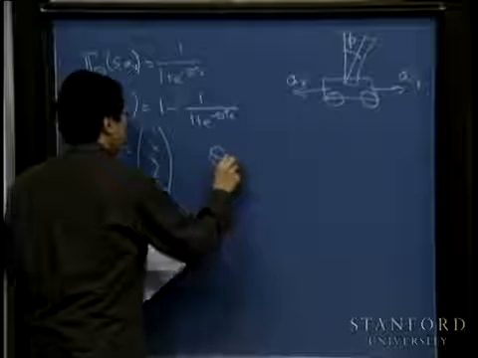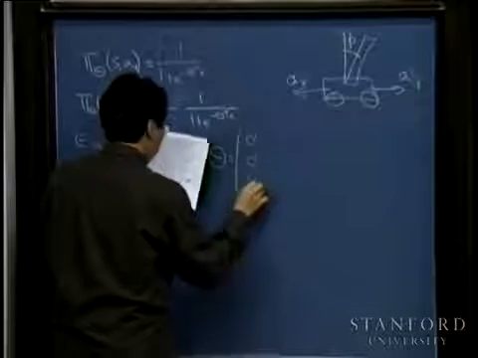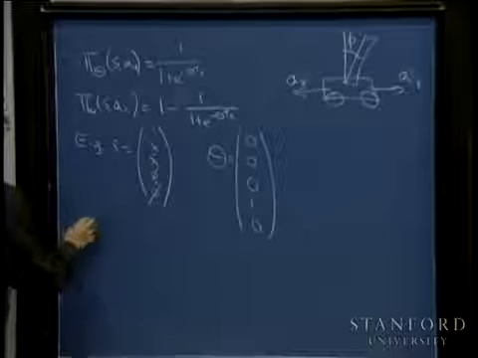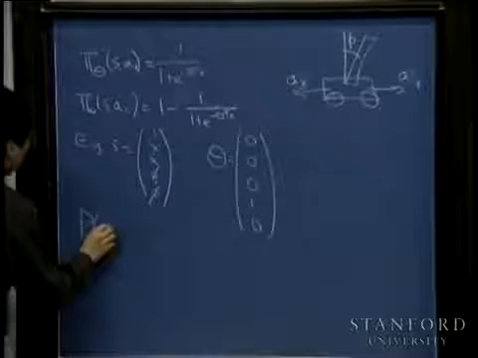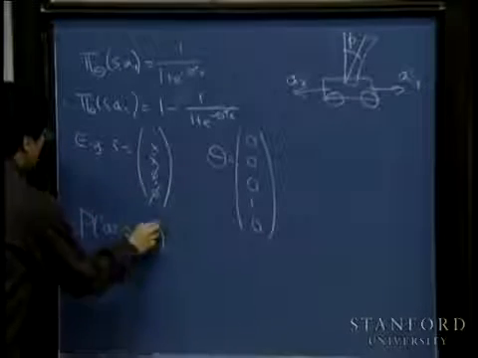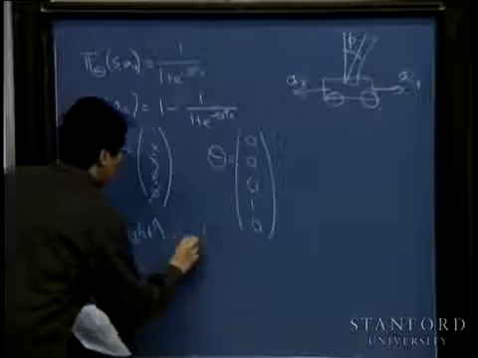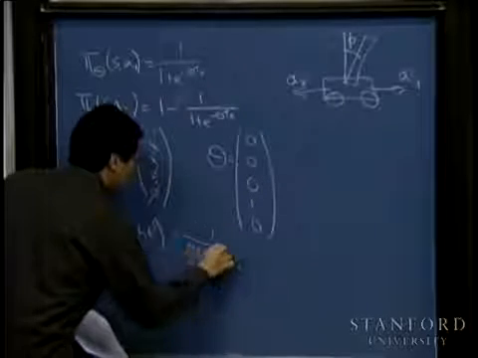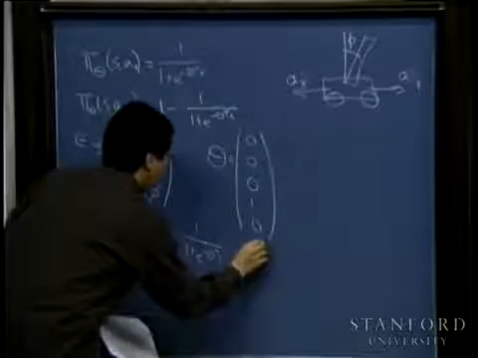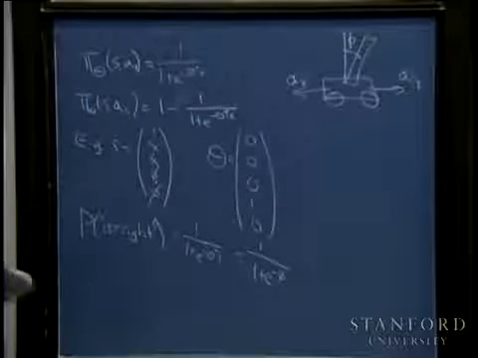If I choose my parameters and my policy to be this, then at any state the probability of my taking the action A1, the accelerate right action, is 1 over 1 plus e to the minus theta transpose S, which, taking the inner product of theta and S, just gives you phi. So it equals 1 over 1 plus e to the minus phi.